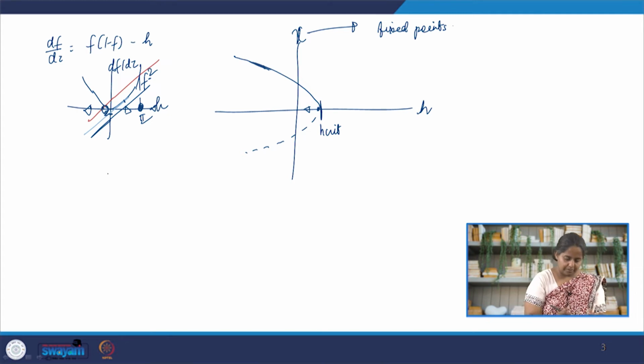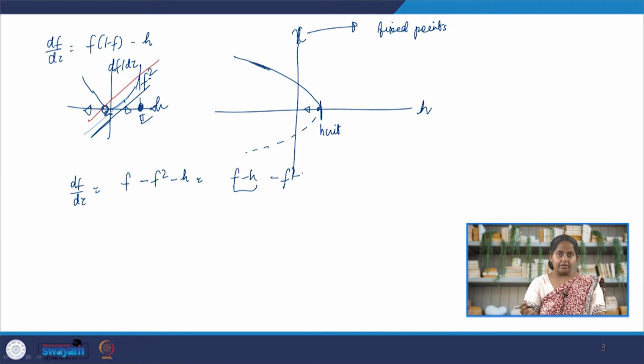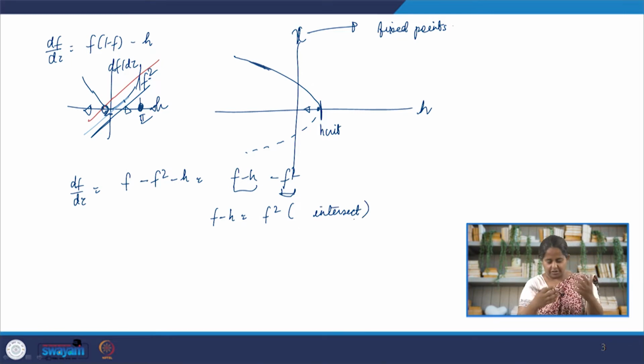So, if we open this bracket, we get df by d tau is equal to f minus h, we are treating it as a line, and minus f square is our curve. So, f minus h should be equal to f square. This is the condition that they meet at one point, they intersect at exactly one point. It is not an intersection, it is just tangential contact.